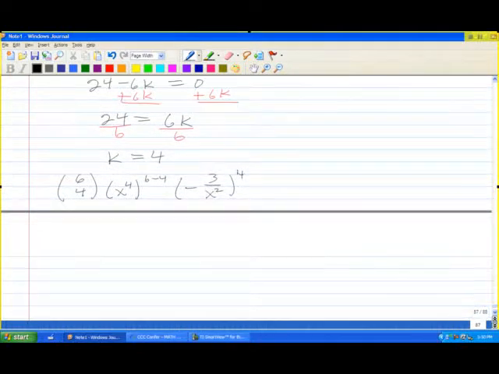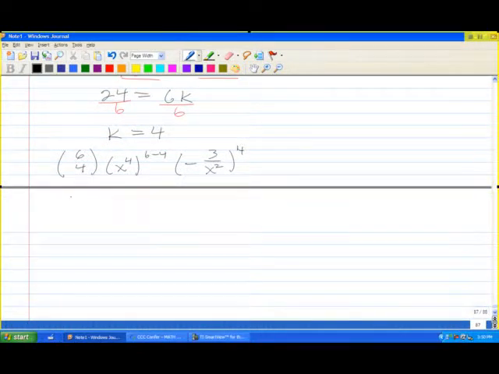So let's simplify that. 6c4 should be 15. Let me check that. Okay.